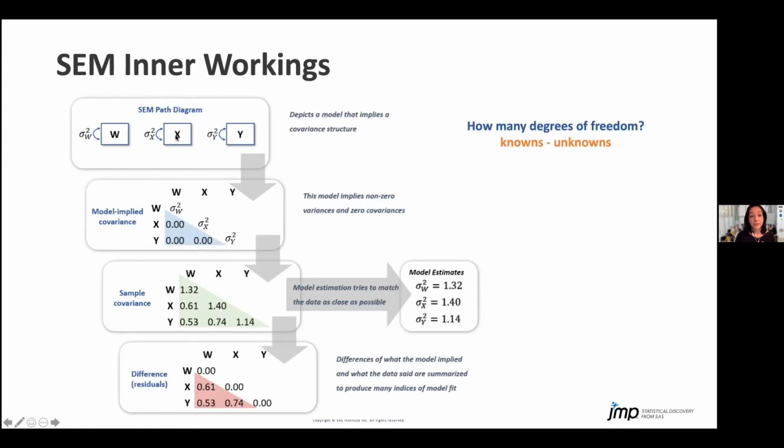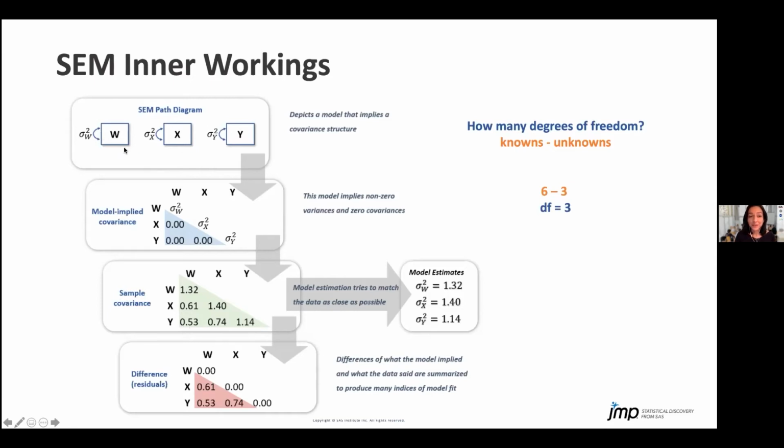In this particular example, because we only have 3 variables, the pieces of information right here are 6. If we count each of the values in this off diagonal, we have 6 values that we're giving in. Those are the known values. They come from our sample data.